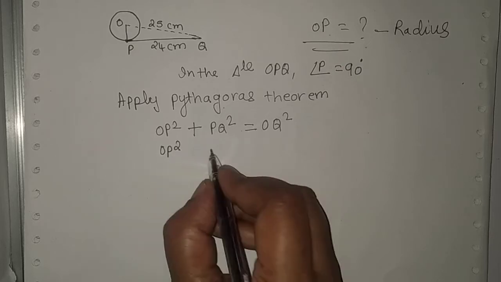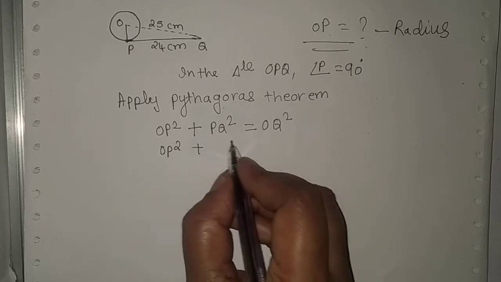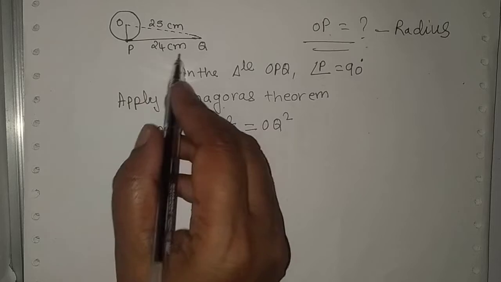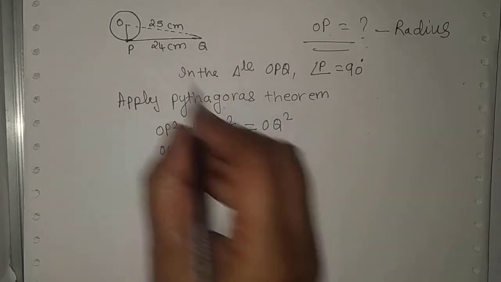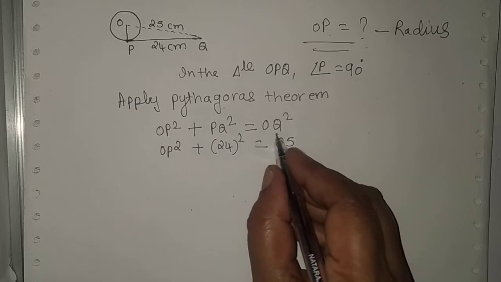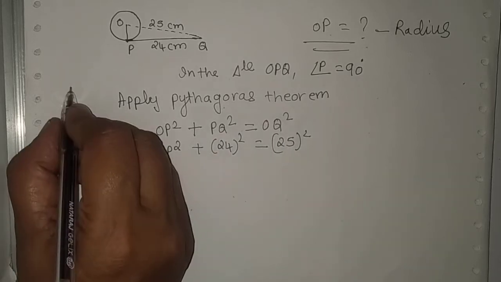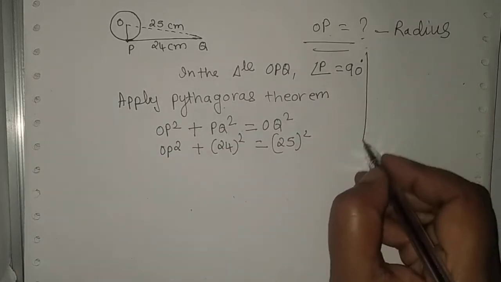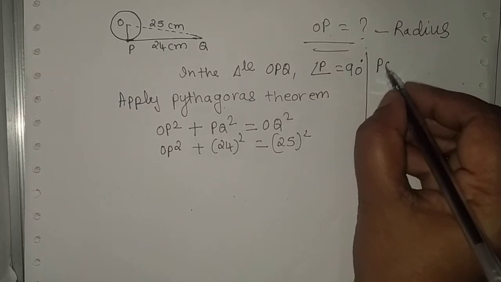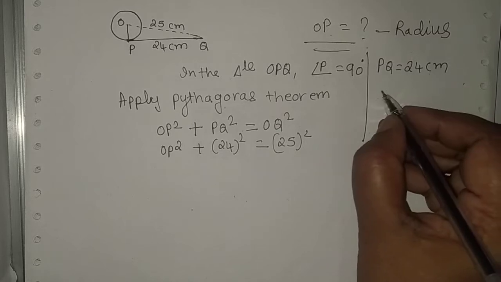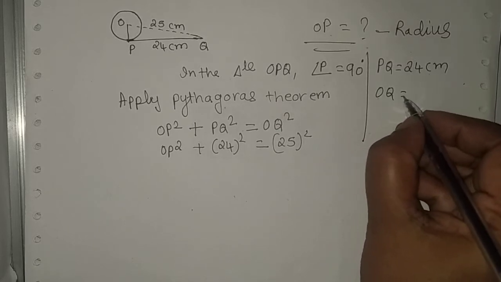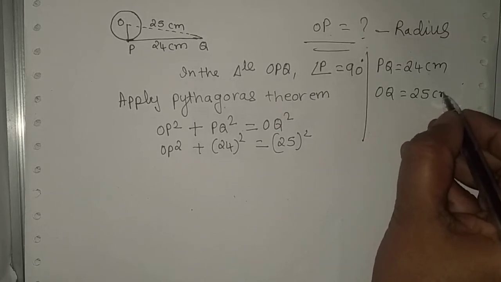OP square is the radius which we have to find out, and PQ square, PQ is given as 24, then OQ is given as 25 centimeters. So here I'll write PQ is equal to 24 centimeters and OQ is equal to 25 centimeters.